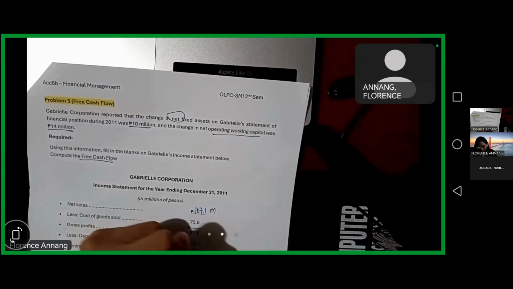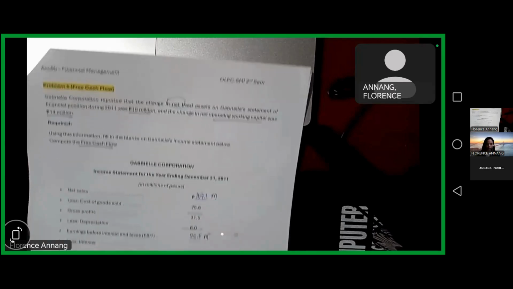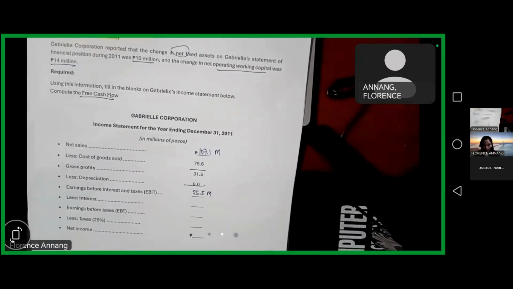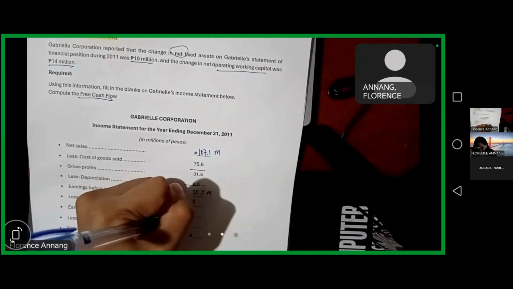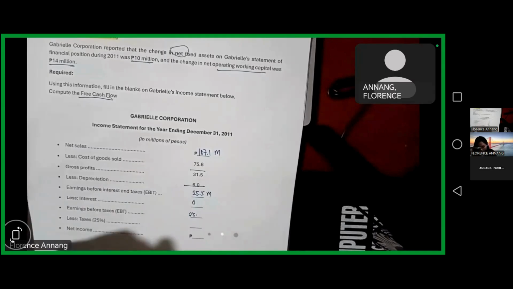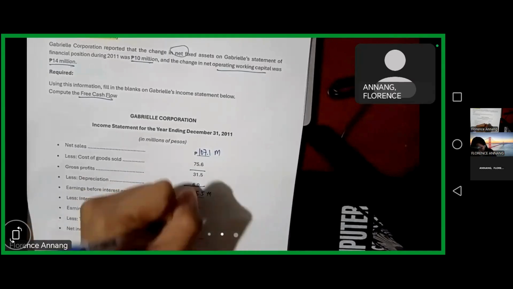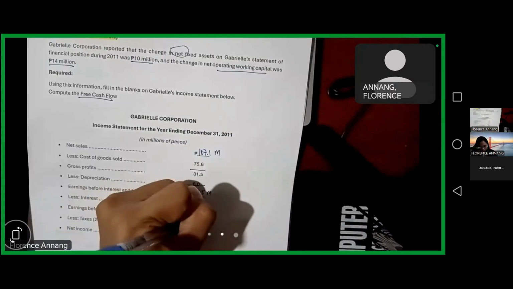For your EBIT, that's 31.5 gross profit less your depreciation, you get 25.5 million. Now, meron bang sinabi sa interest? Walang sinabi ang problem, di ba? Therefore, it's 0. EBT is just the same with your EBIT since there is no interest.